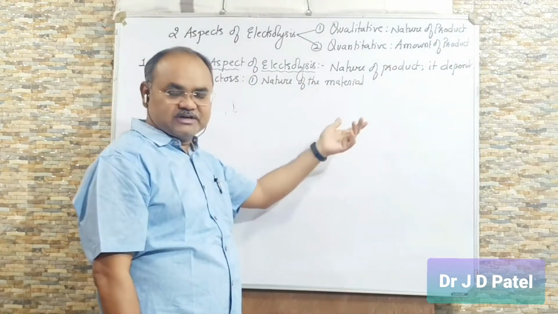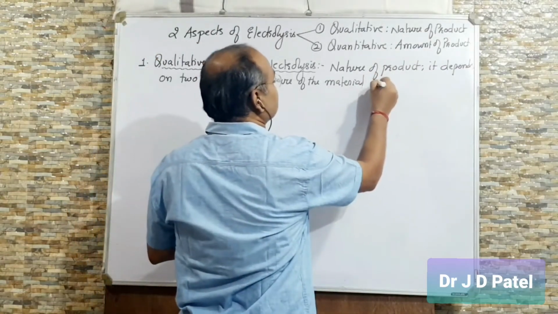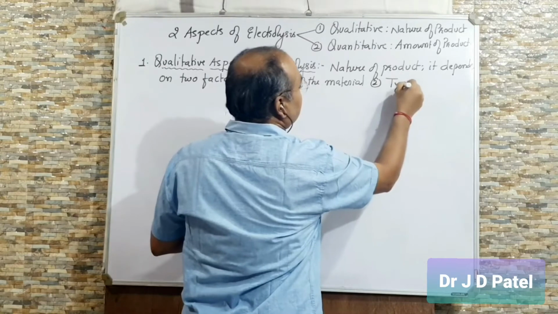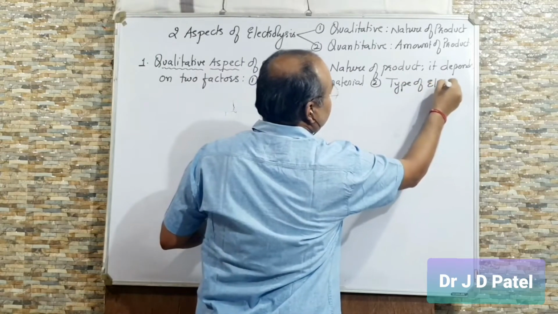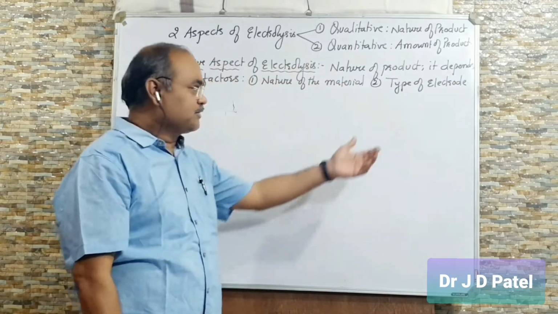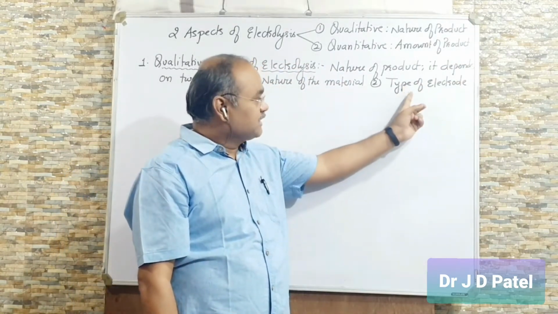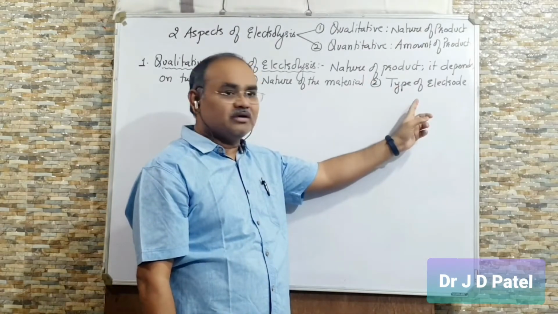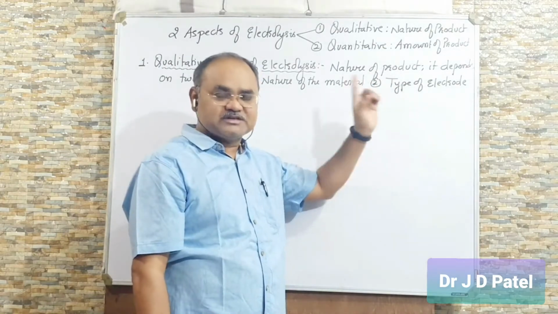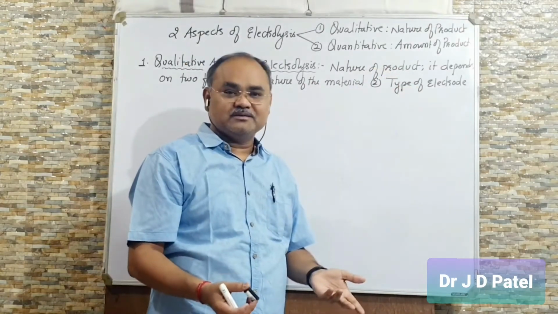It may be concentrated, dilute, or molten. And second is the type of electrode. Already we have studied the types of electrode: active electrode and inert electrode. If you use an active electrode or an inert electrode to carry out the electrolysis of the same compound, the nature of the product will be different.